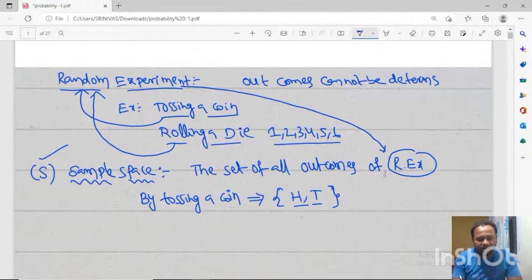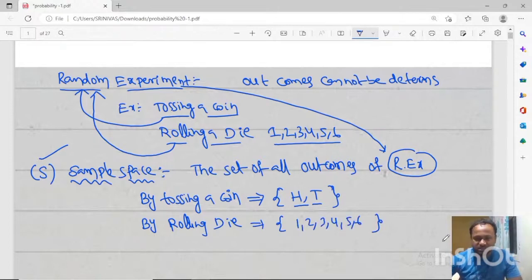Next, by rolling a die we will get the sample space as 1, 2, 3, 4, 5, 6.